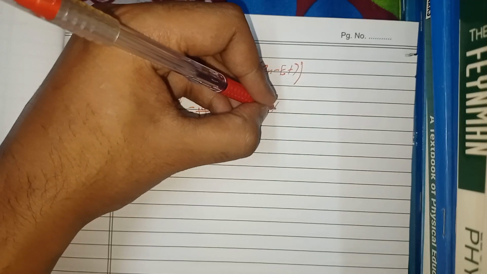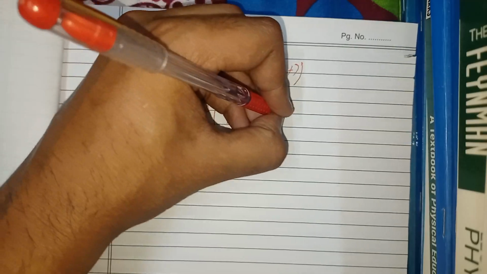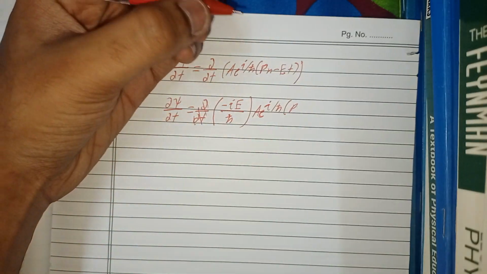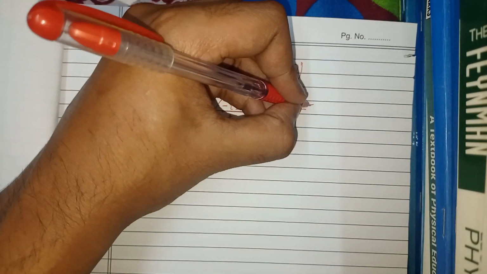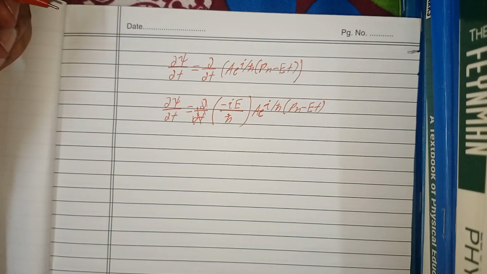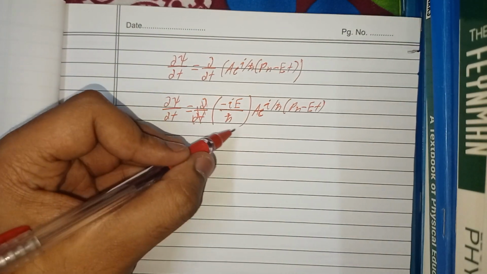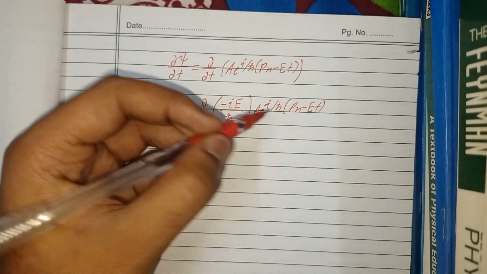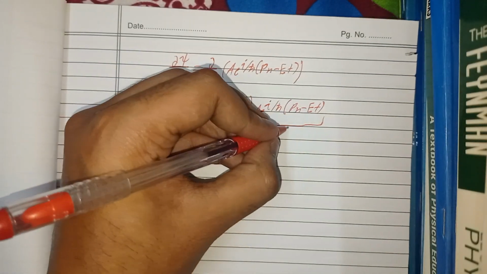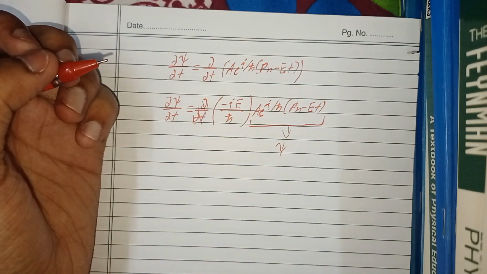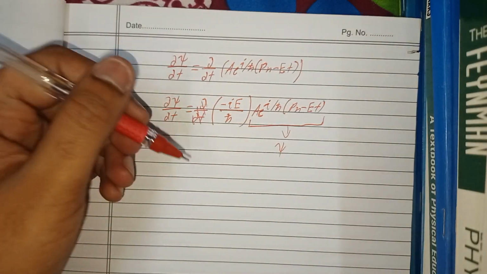This will become this, and we have this thing. So by this we have this, and this is, as we all know, the wave function. They are both the same thing.